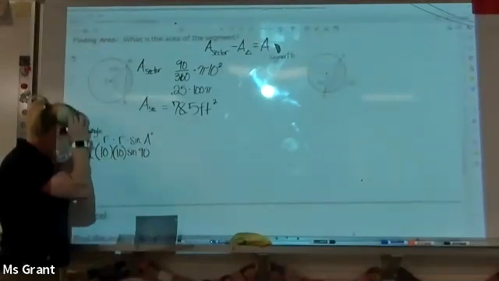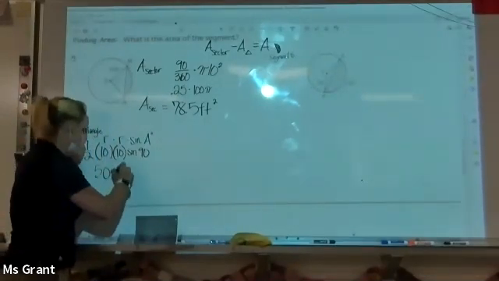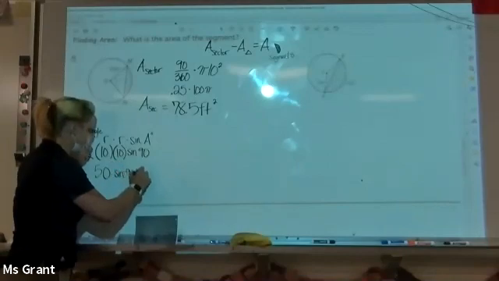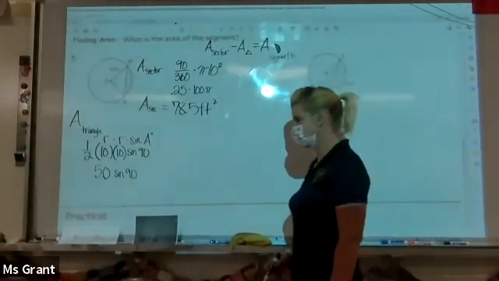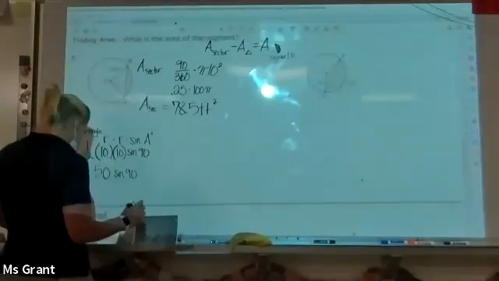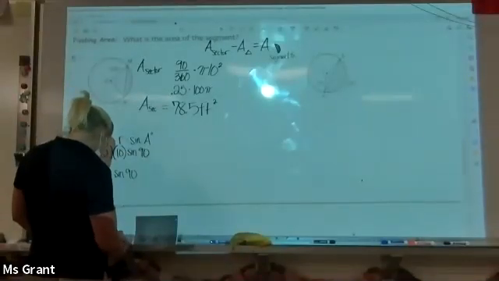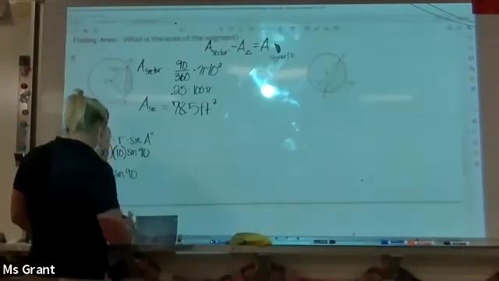Just so happens that it's going to end up being 50 times the sine of 90. So put that in your calculator. 50 times the sine of 90. What did you get? 50, because guess what?